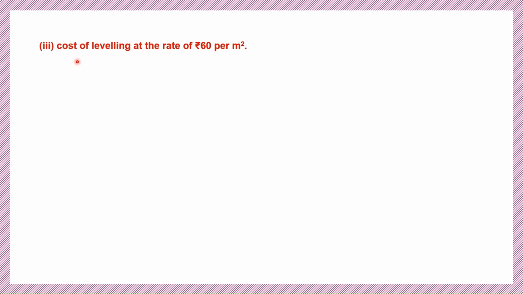Now we're going to find the cost of leveling at the rate of 60 rupees per meter square. When we are talking about leveling, remember it's a whole field, the inside part. So we're talking about the area. So area is something that we already found out, and that is 9,375 meter square.